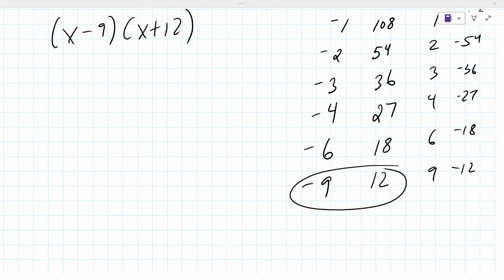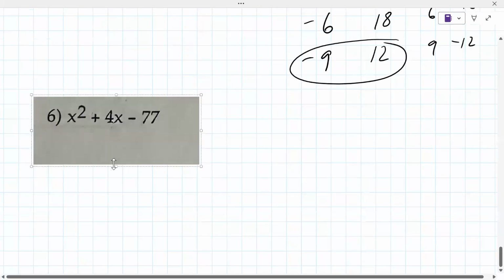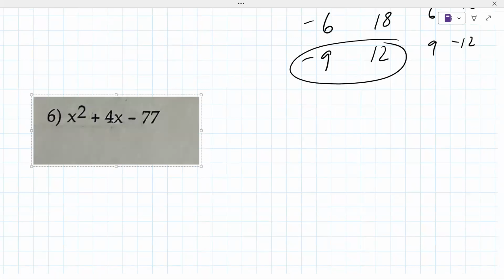This isn't to discourage you, but why don't you try doing number 6, and then we'll gauge whether you have it or not. Oh, this one, it does work. Thank goodness. Okay, go ahead and give this a try, please.